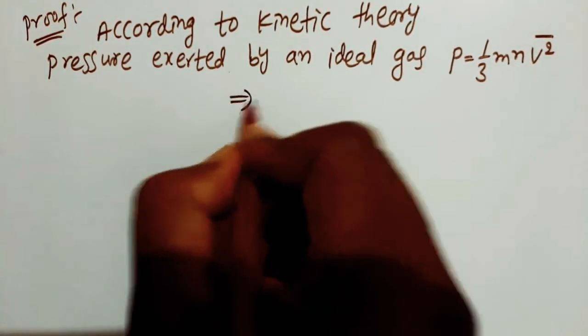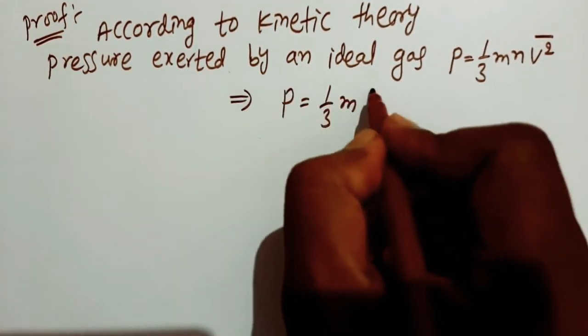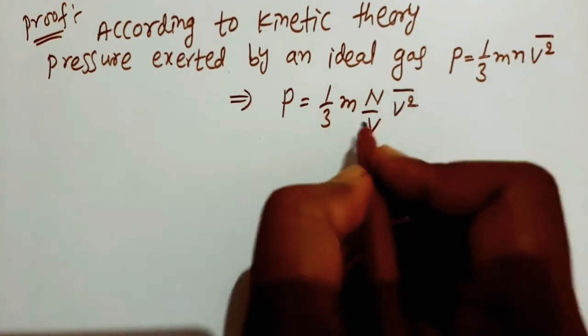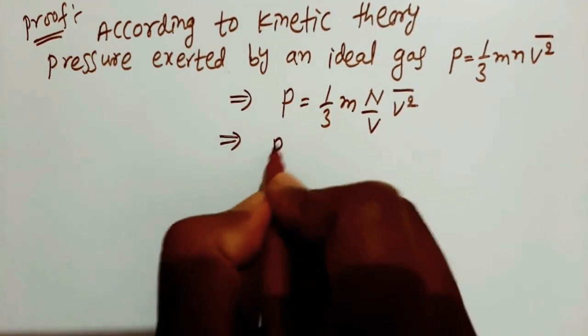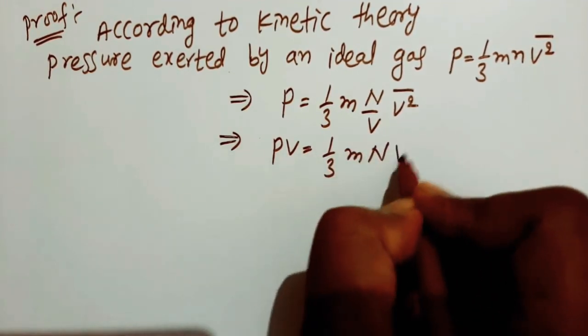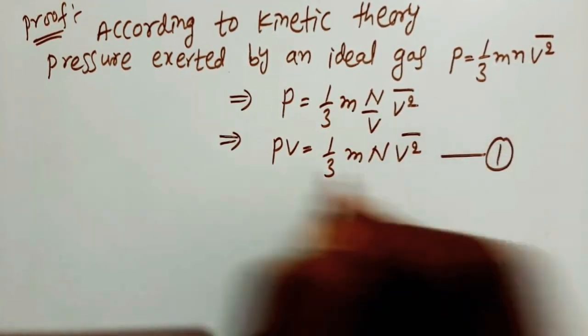So from this we can write P is equal to 1 by 3 m n by V into V square bar, so PV is equal to 1 by 3 mnV square bar. Let us take this as the first equation.